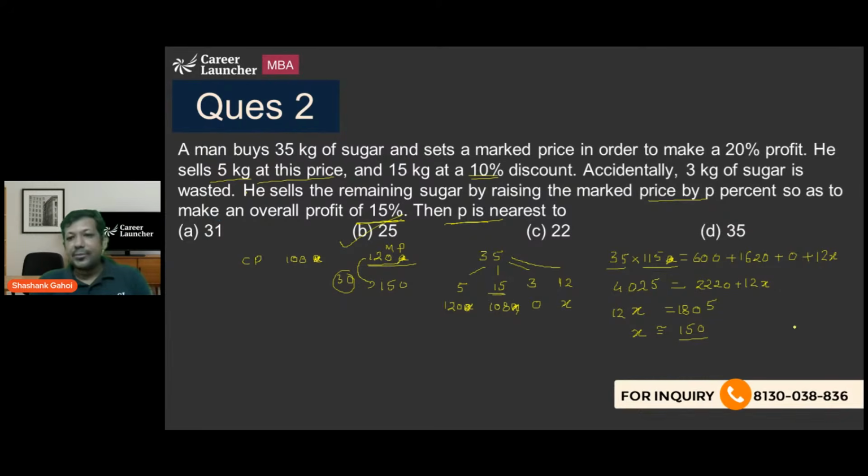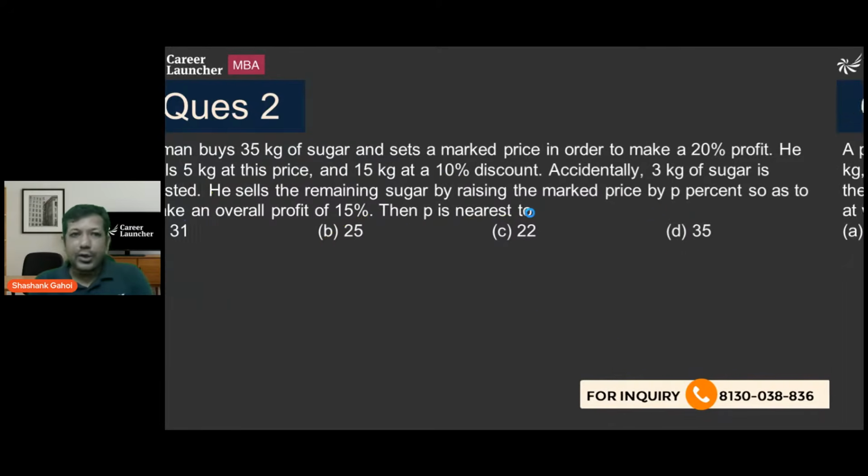That's the reason, because I'm not going to get the exact value of 150. It is going to be 150 point something. If you look at the question, it says P is nearest to. So this is how we can approach this question. It is going to be a little lengthier one, but definitely not a difficult question. It should be solved during the exam.